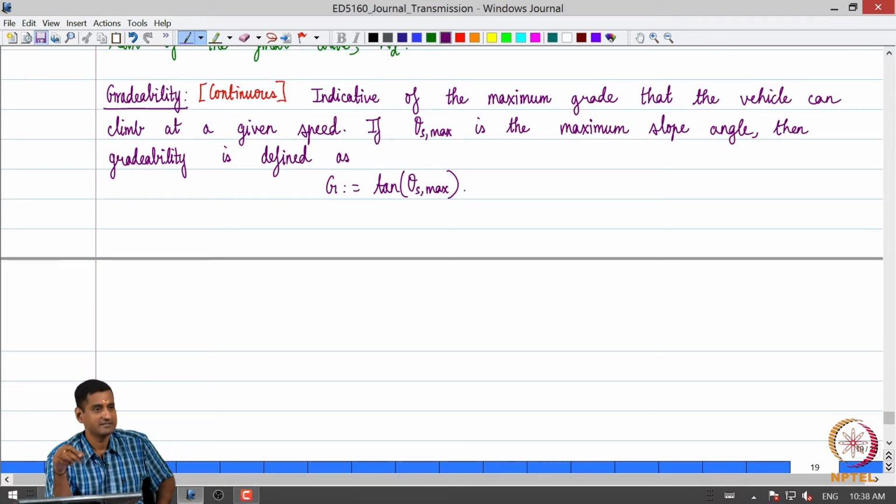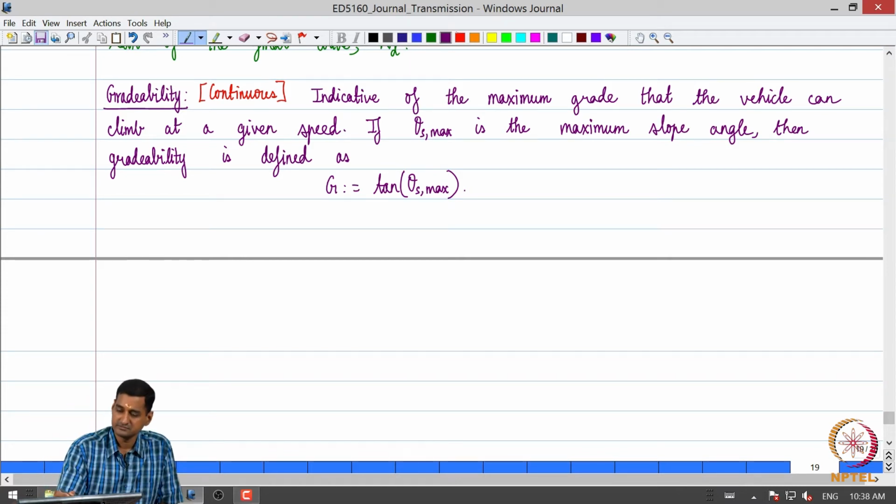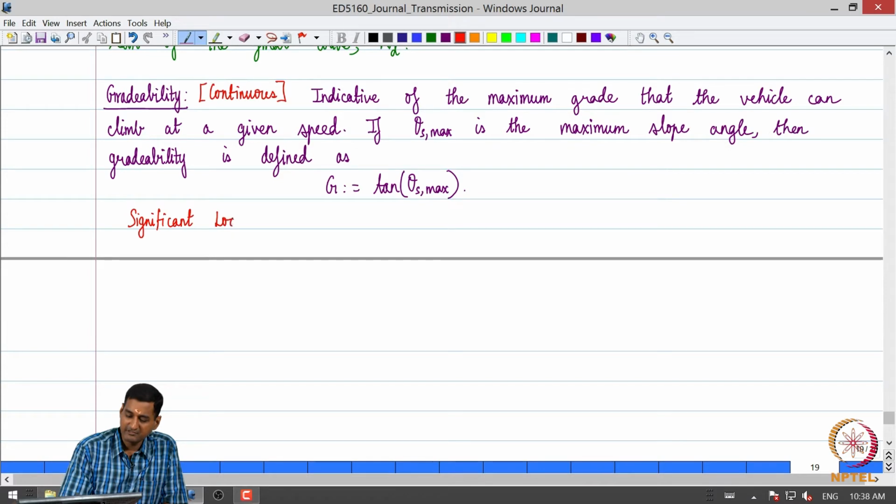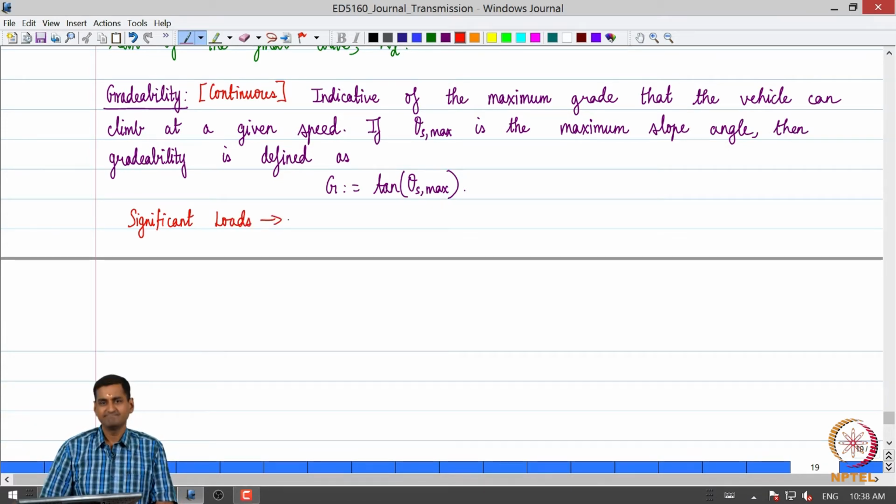So in our analysis for continuous gradability, what do you think are the loads which will play a dominant role? So significant loads would be the following. Do you think inertia would play a big role?